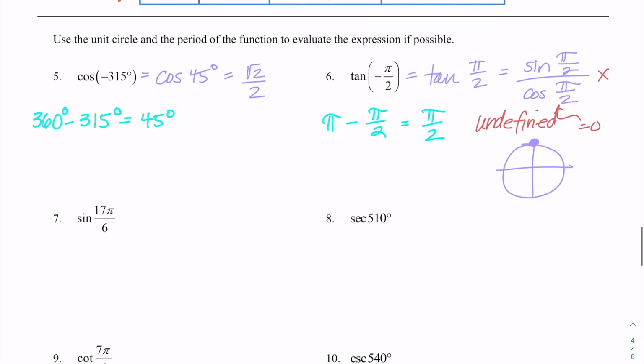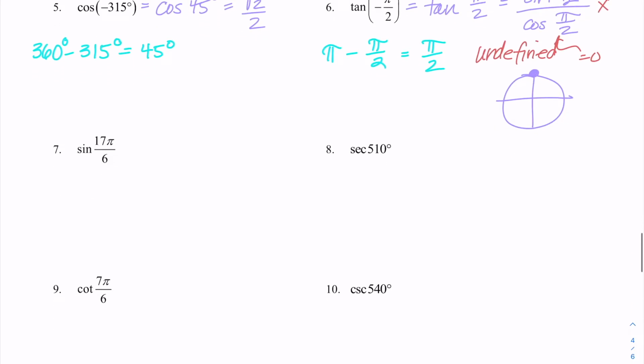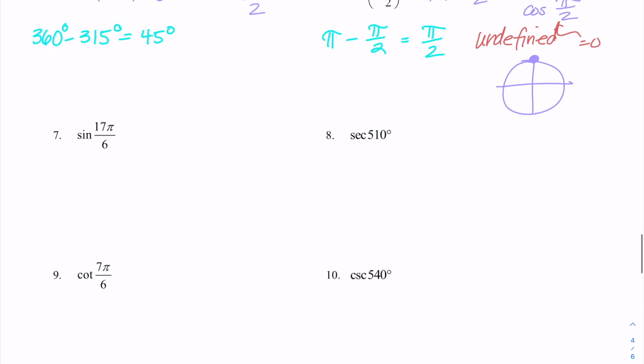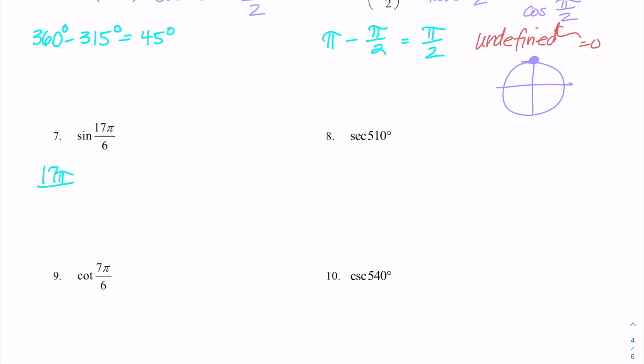Okay, in number 7, we have the sine of 17 pi over 6. And again, the sine has a period of 2 pi. So we can subtract 2 pi from 17 pi over 6. That's 17 pi over 6 minus 12 pi over 6, and we come up with 5 pi over 6.